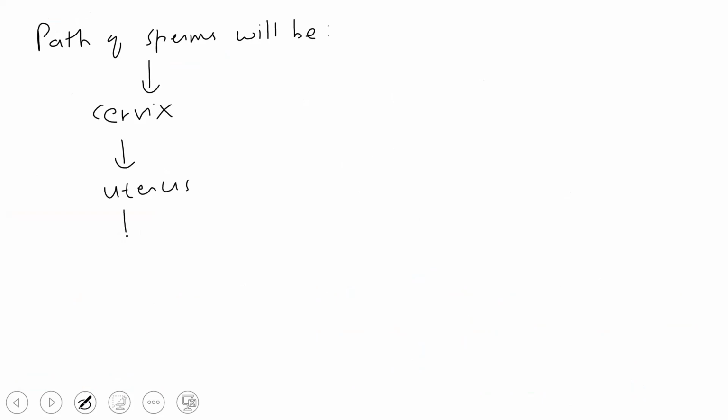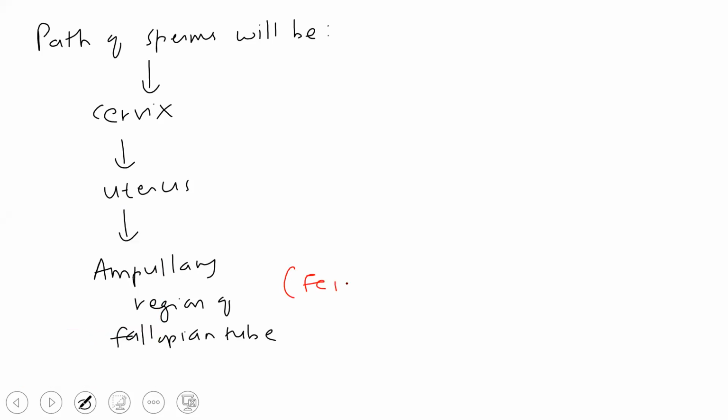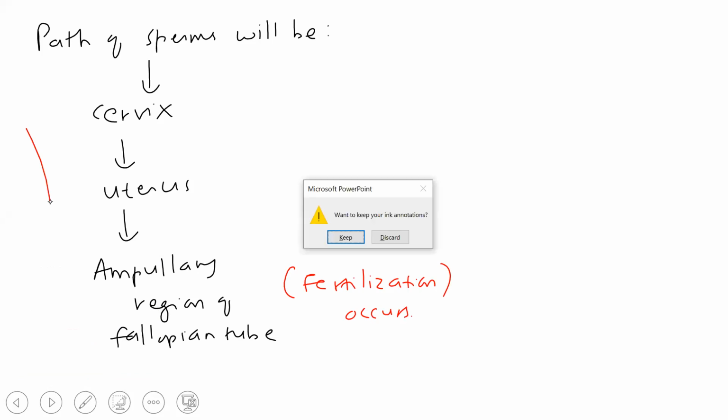From the uterus, finally it will reach the ampullary region of the fallopian tube. And as you know, in the ampulla, as discussed, fertilization occurs.